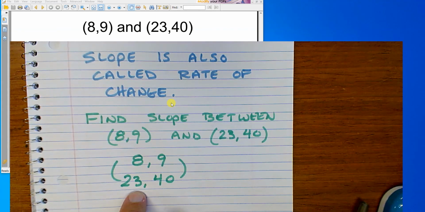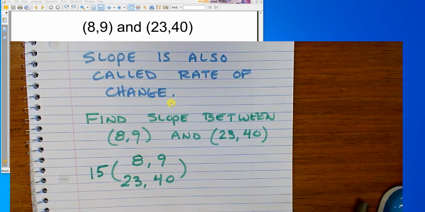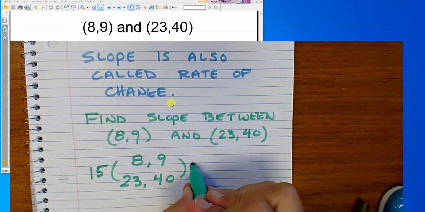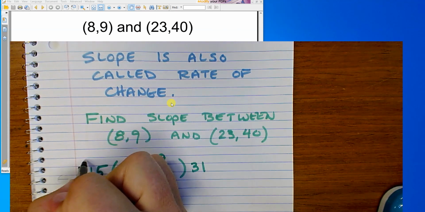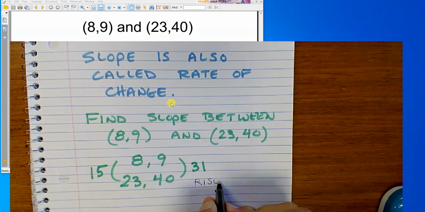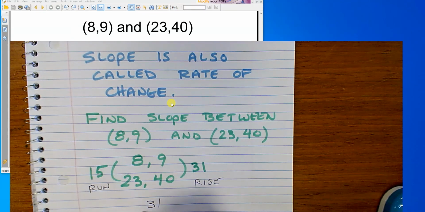That's a change of 15. I was at 9 and now I'm at 40. That's a change of 31. This is my rise. This is my run. So it's 31 over 15.